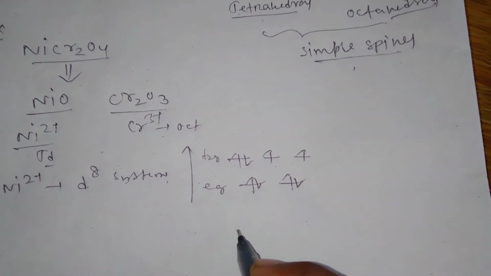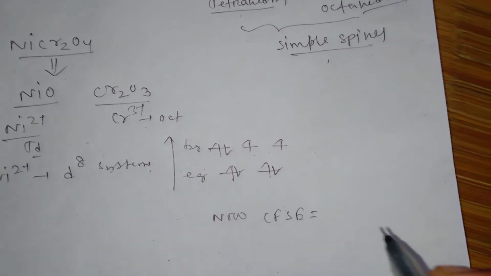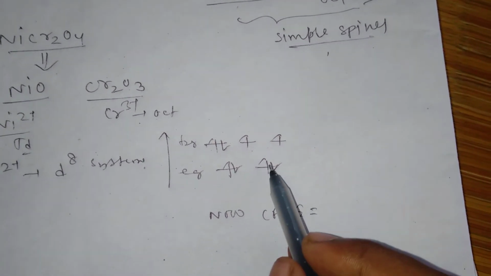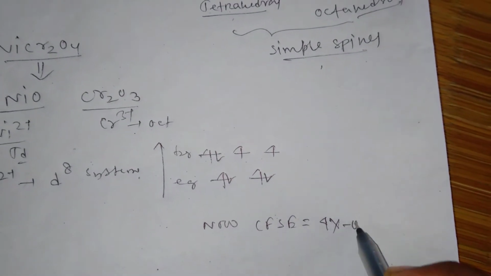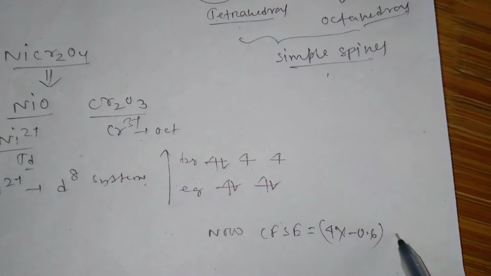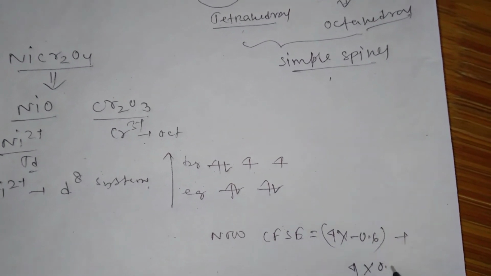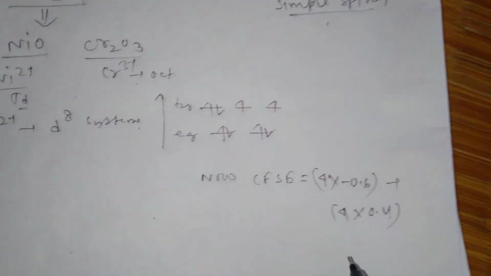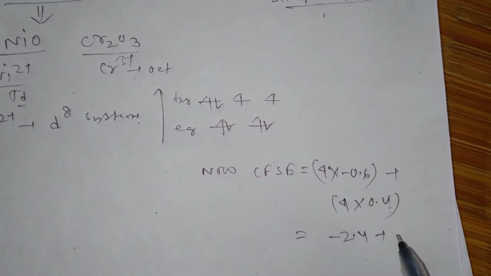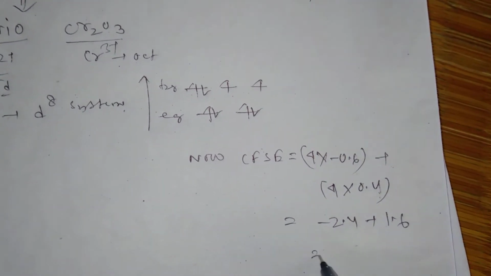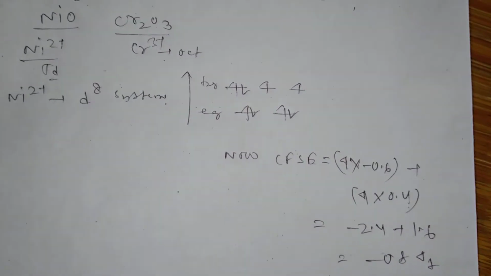Okay, now what will the CFSE value be? 4 multiplied by minus 0.6 plus 4 multiplied by 0.4, then we get minus 2.4 plus 1.6, then we get minus 0.8 delta T.